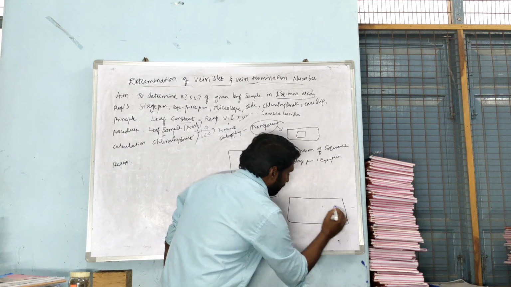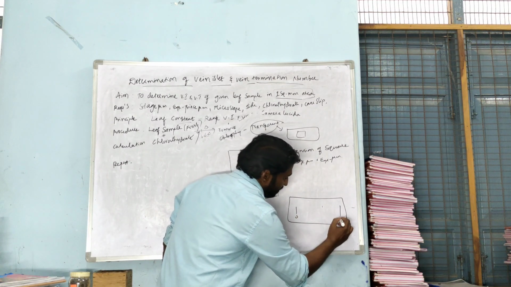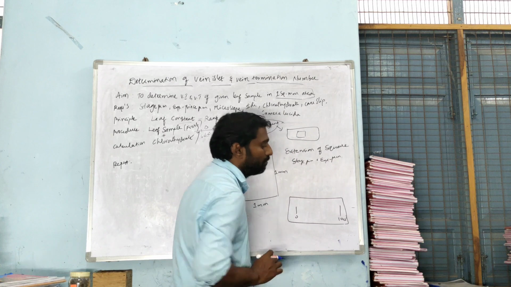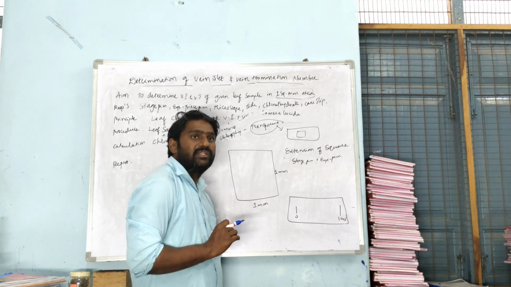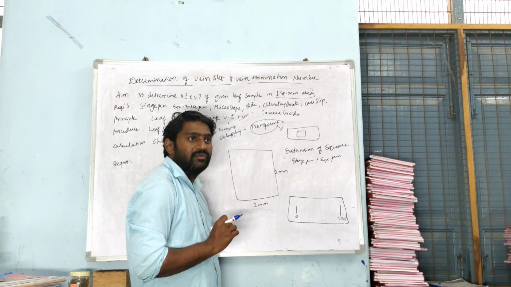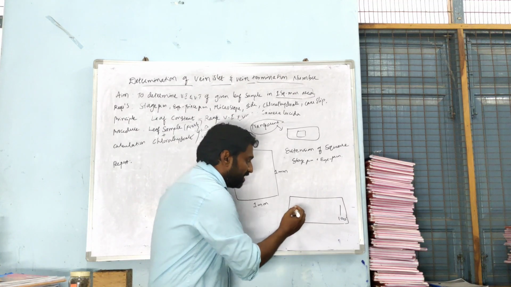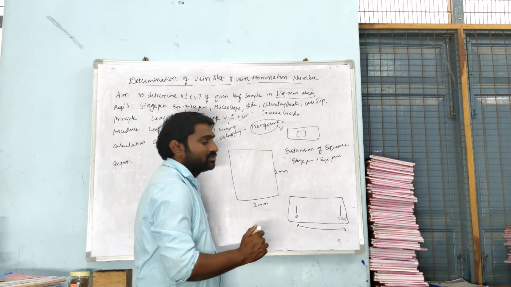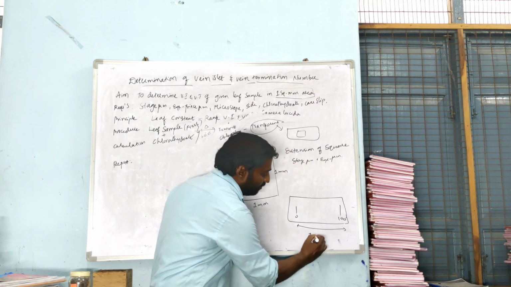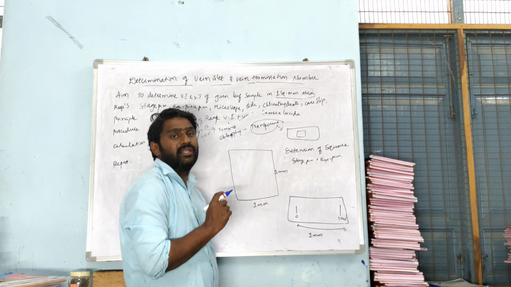The stage micrometer is a device provided with a scale divided into 100 divisions, and these 100 divisions are equal to 1 millimeter.